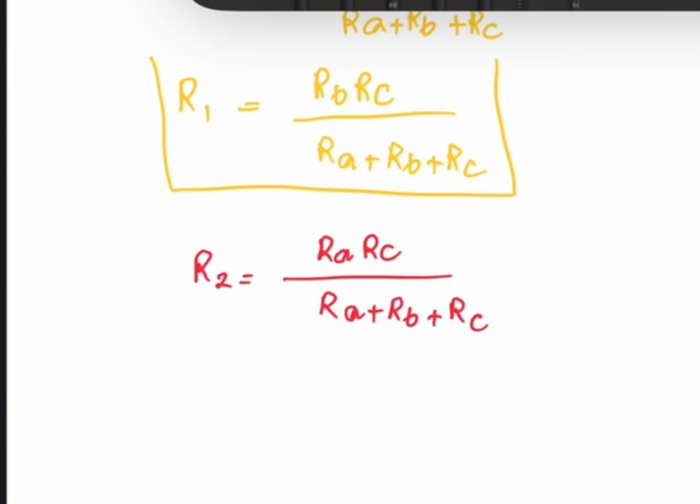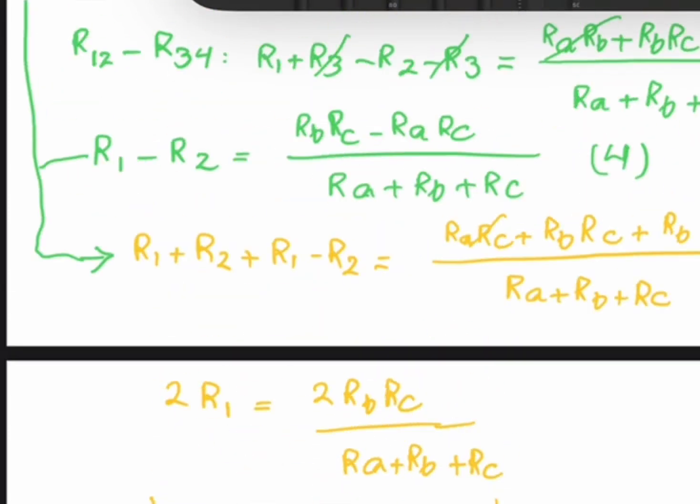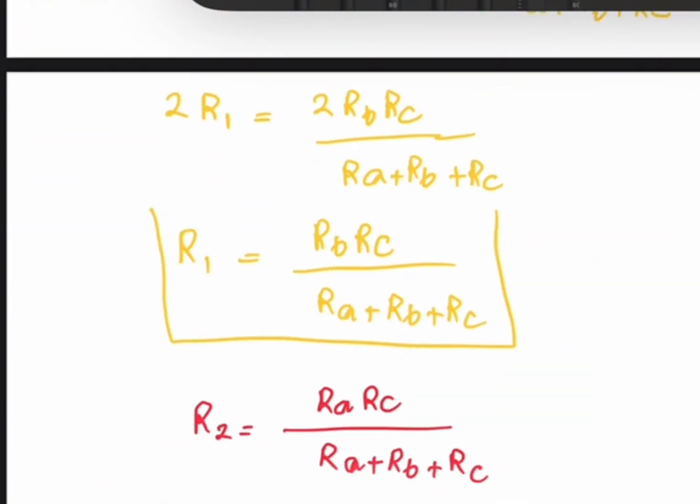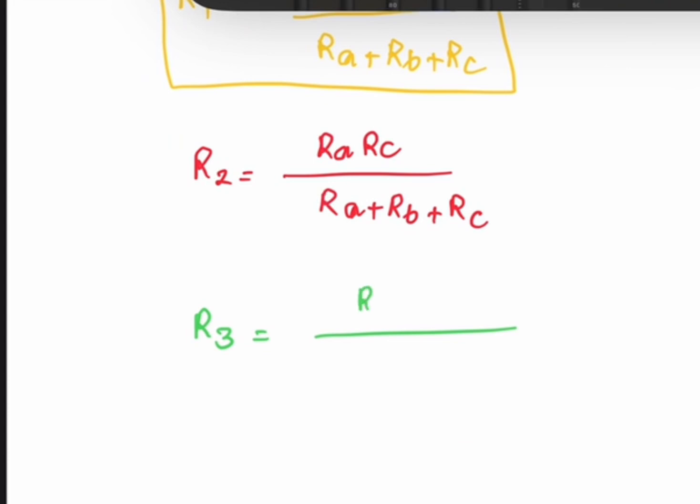And also I can find R3 as the two adjacent resistors of R3, which are RB and RC. So R3 is RB RC over RA plus RB plus RC. In that way you can find the transformation.